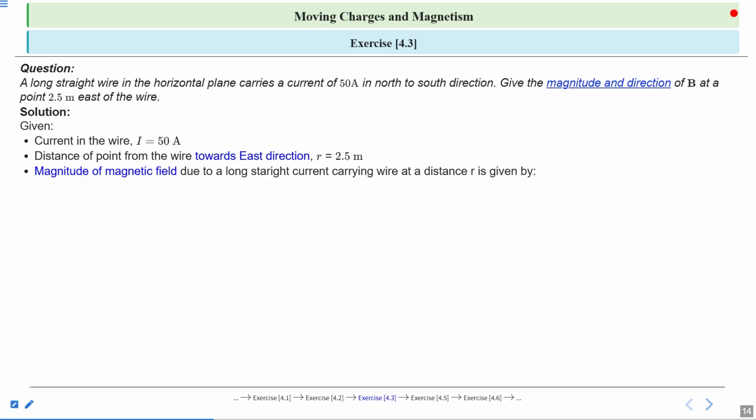Magnitude of magnetic field due to a long straight current carrying wire at a distance R is given by B equal to mu naught I upon 2 pi R, where mu naught equal to permeability of free space, which is equal to 4 pi into 10 to the power minus 7 Tesla meter per ampere.